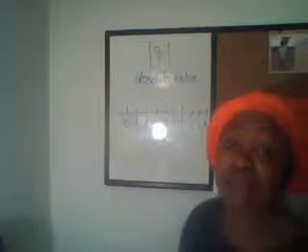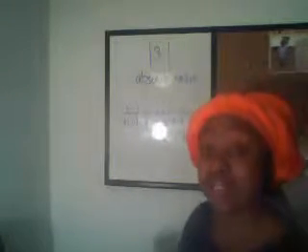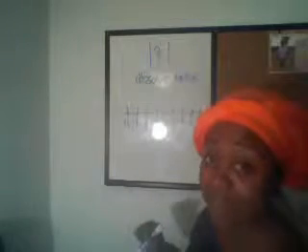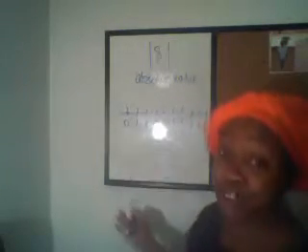I want to see how far 8 is from 0. That means how many units does it take me to get to 8? I'm starting at 0. I plot 0, I put a little dot there on the line. That's how you graph an integer or a rational number.